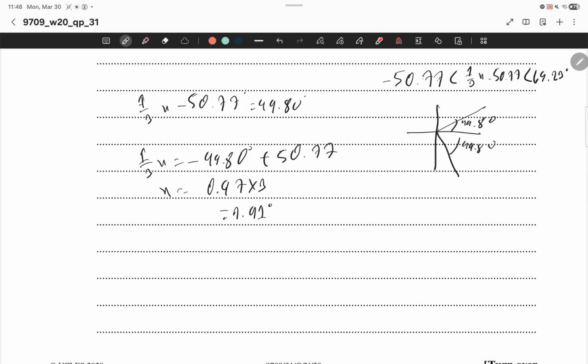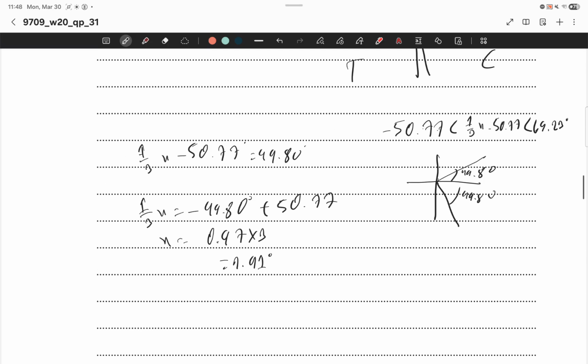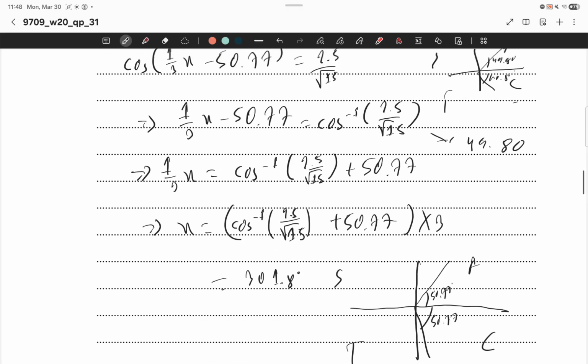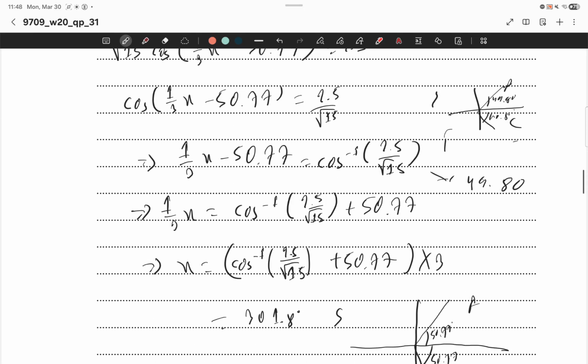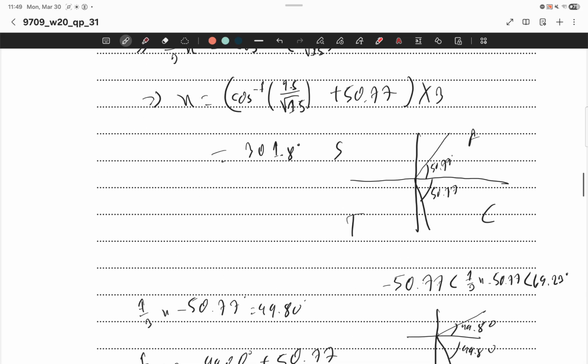It's a bit tricky if you ask me, and usually I would not be able to figure it out. I know most of the people would be. Usually if I need to do a quadrant thing, maybe I will do it somewhere else. I don't think I would have been able to figure that out. I would have left the answer at 301.8, and which would have cost me 1 mark.